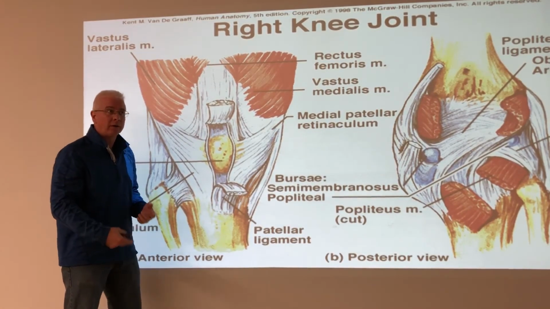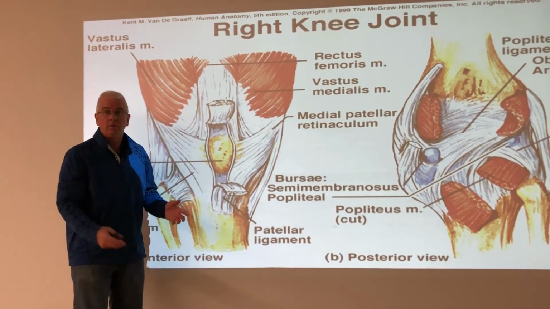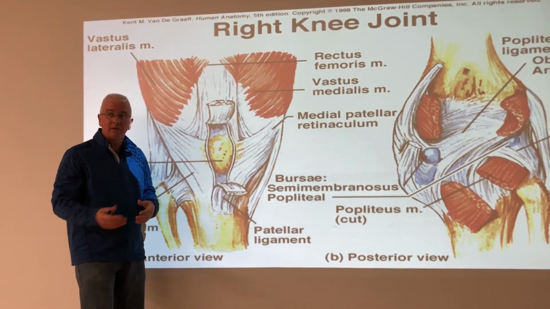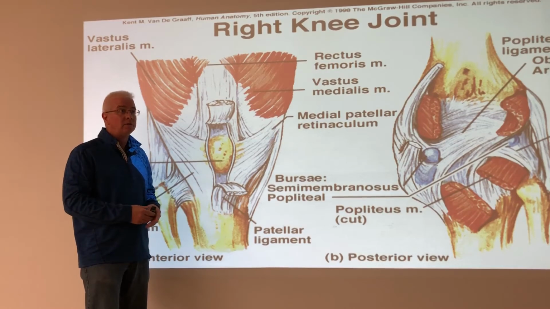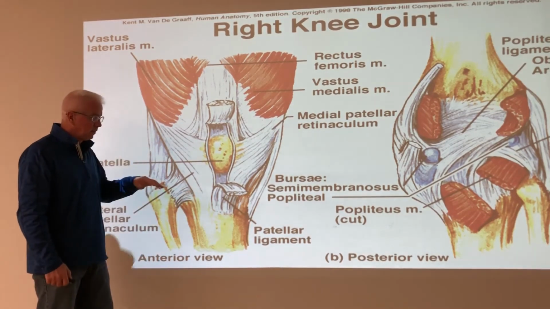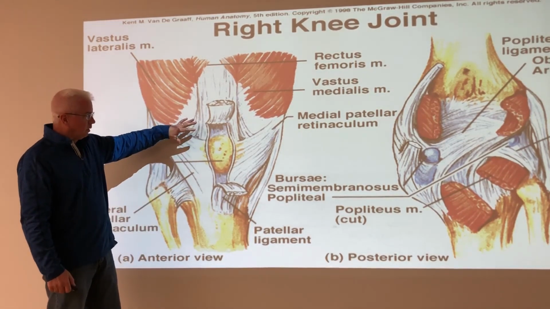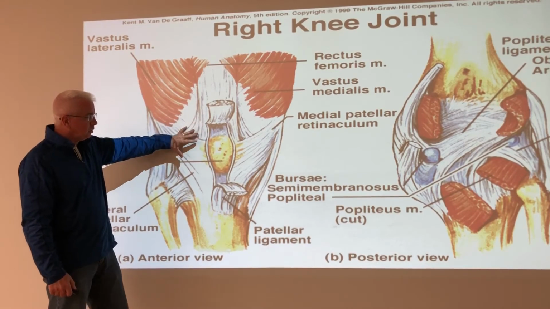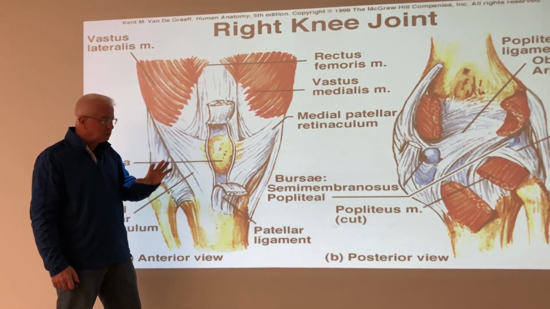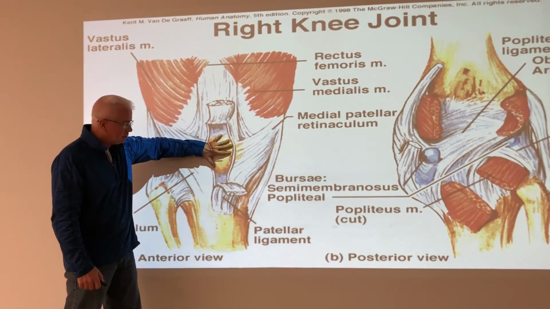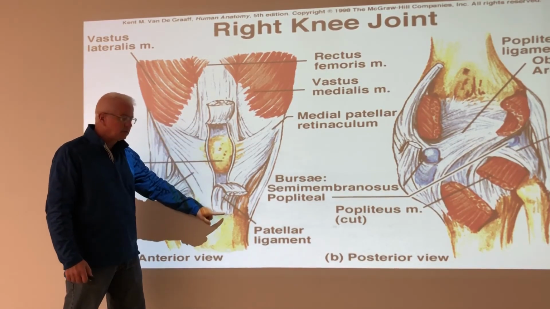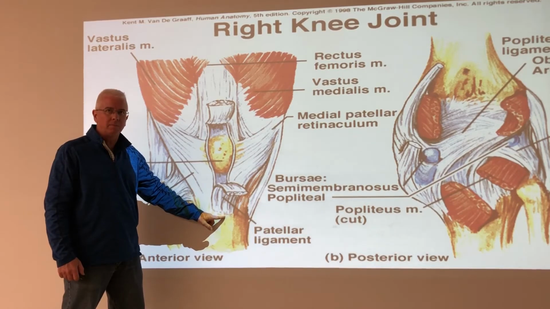It's a sesamoid bone, and it just sits in the knee. And, you know, with weak ligaments here in the knee, the patella will move around all over the place. You can still walk. You can still do extension and flexion at the knee. So the point here is to show you all of the attachments of the quadricep muscles extend from their attachment to the patella down to the tibia, the lower leg bone.